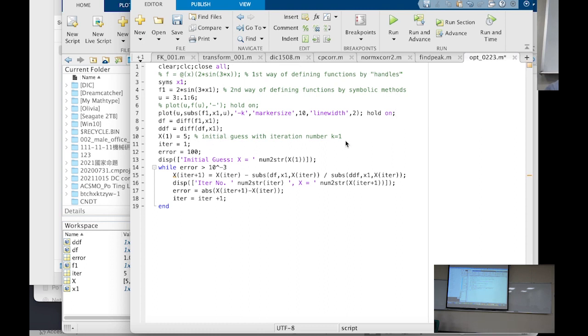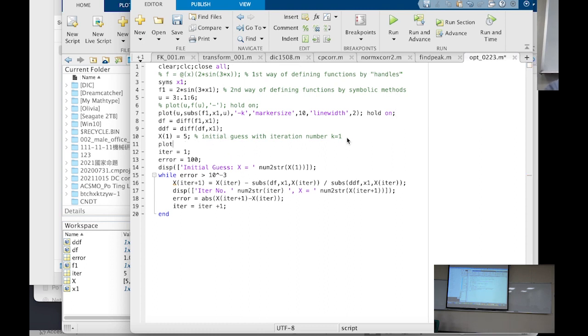So once I have an initial guess, I can already plot the initial guess, and then I plug in here. And then I will plot a circle in red, and keep those.